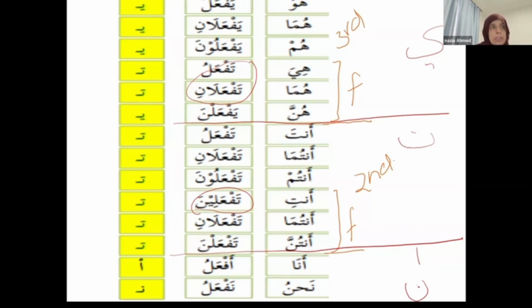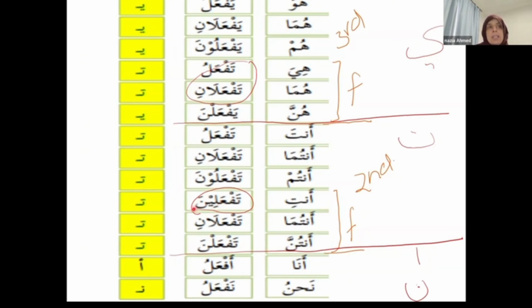Do you know anyone called Alina? Alina is the name of one girl, but it's got ina in it. This is how I remember it. Taf'alina. So Alina is just one girl, although it is called Alina. Taf'alina is second person feminine singular.